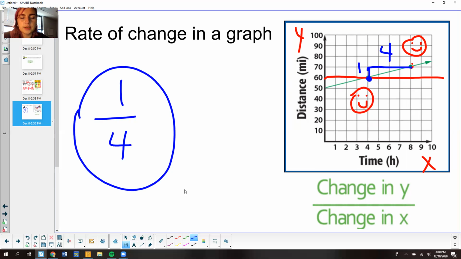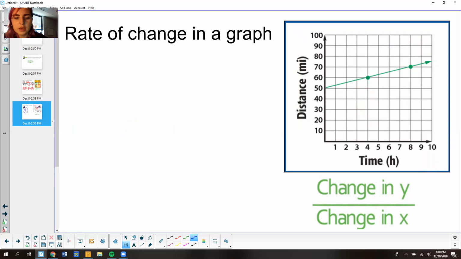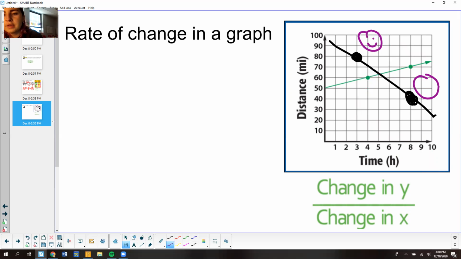It is going to be a little different when you have to go down, and I didn't include an example of this, so let me draw a line. Let's say on this graph I had a point here and a point here. If I wanted to find the rate of change, I would be up here and my friend would be down here, so I would need to go down the elevator.